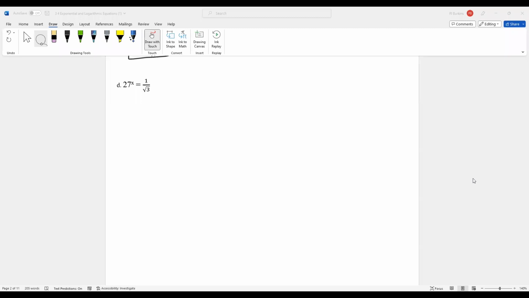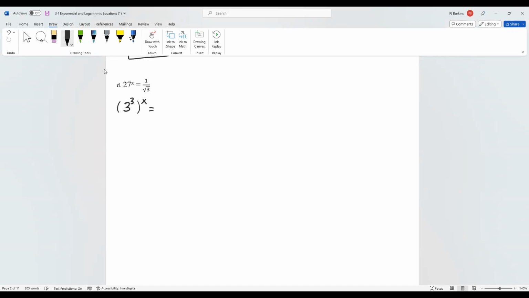All right, so let's take a look at D here. Here I see that 27, and we have root 3. So everything looks like it has base 3. So I need to rewrite 27 as 3 cubed, then raised to the x.